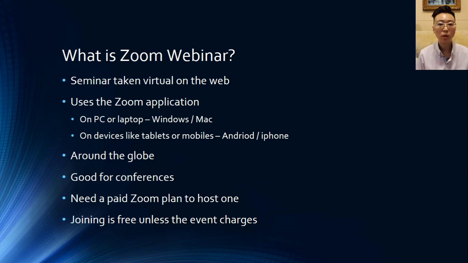And it's Zoom, so it's around the globe and it's great for conferences. If you want to be the host, you'll need to get a paid account. But for joining, it's actually free unless the event itself charges.